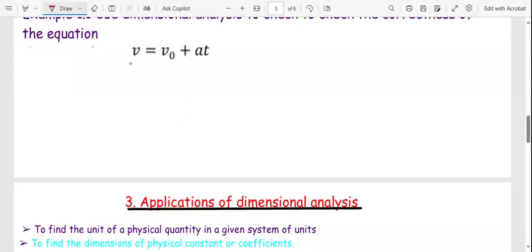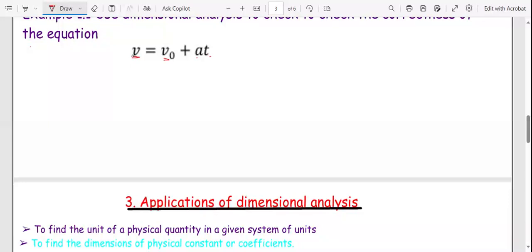We know that this is velocity, from the first equation of motion, Newton's equations of motion. Many of you who did grade 10, 12 can relate to this. This is final velocity, this is initial velocity, acceleration and time.